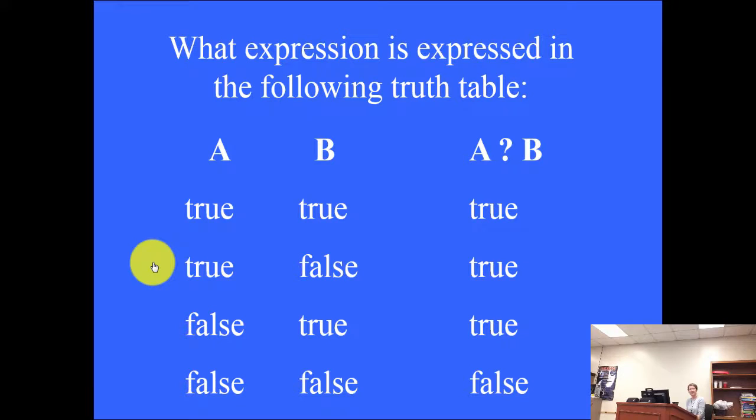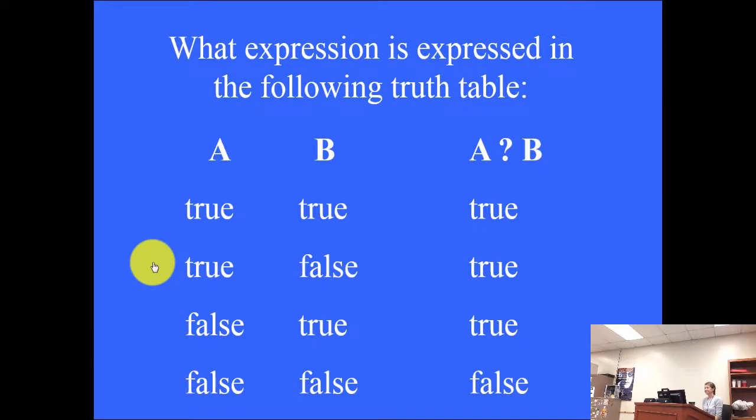So remember, A is a Boolean expression, B is a Boolean expression. This is how we combine our Boolean expressions. So the first one, should it be AND, right? What do you think it is? In other words, what's in place of that question mark? What should be there?